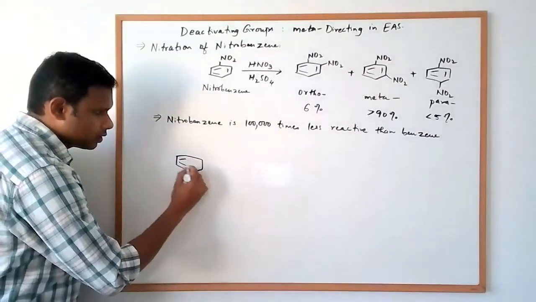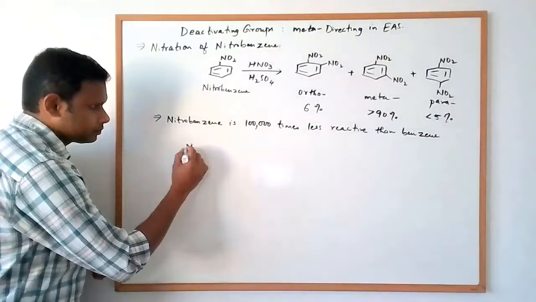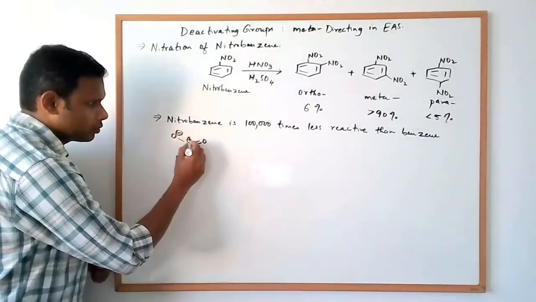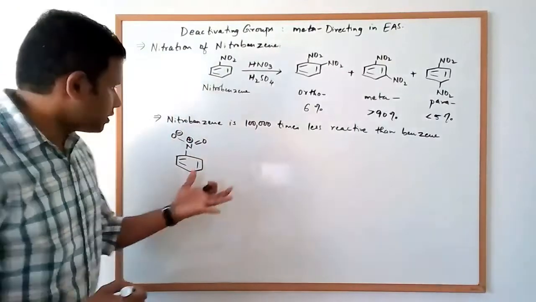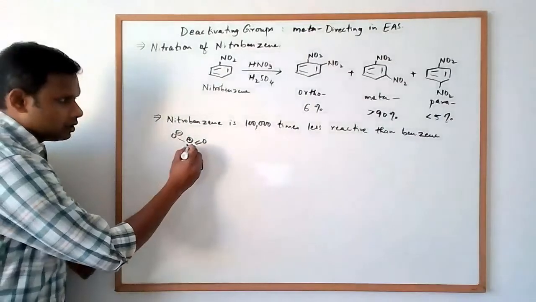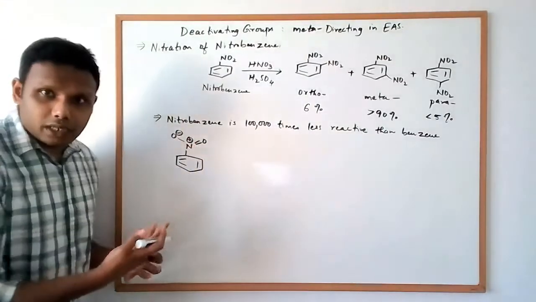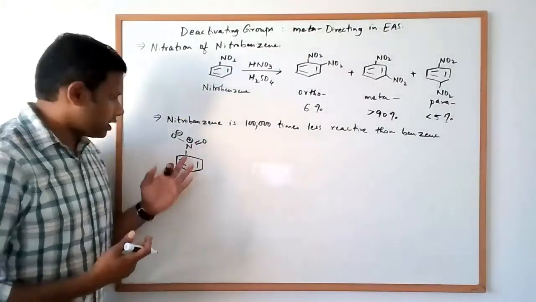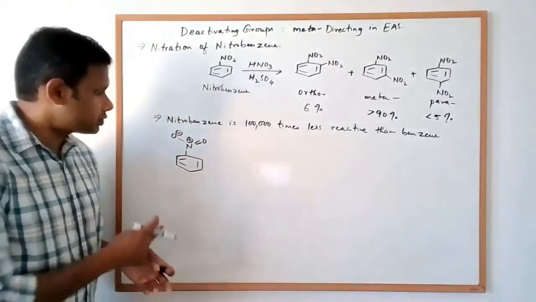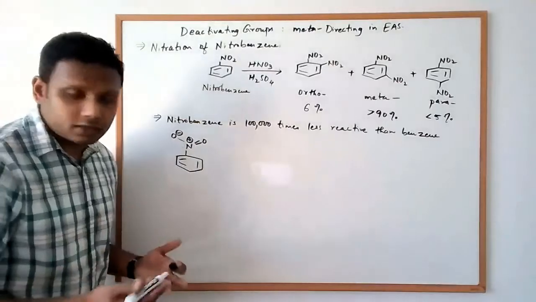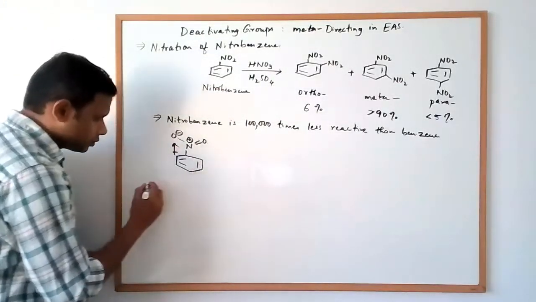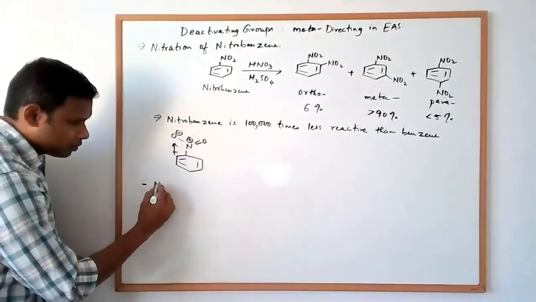If we consider nitrobenzene, and I'm going to draw the Lewis structure of the nitro group, what we can see is that there is an inductive effect at play here because the nitrogen is more electronegative than carbon, and additionally the nitrogen has a positive formal charge, and it's bonded to two oxygens. So overall, inductively, the nitro group is electron withdrawing.